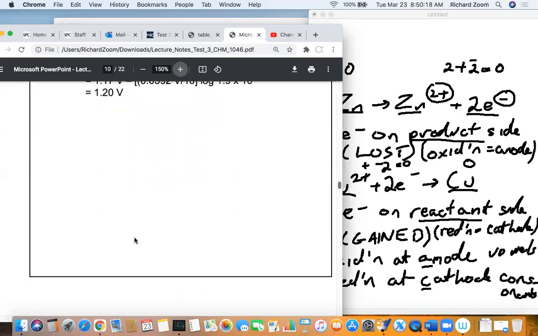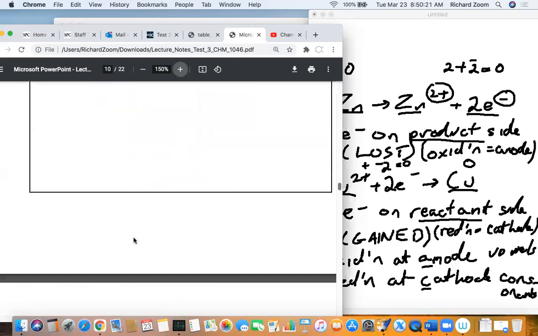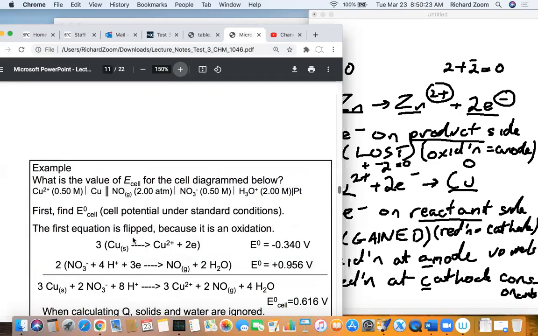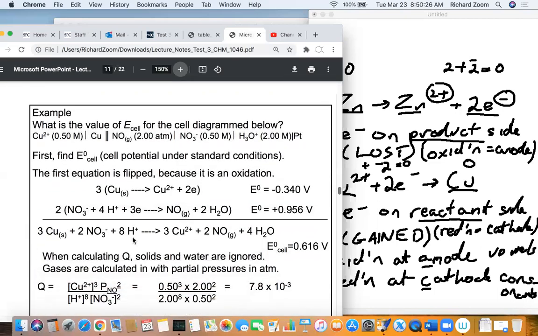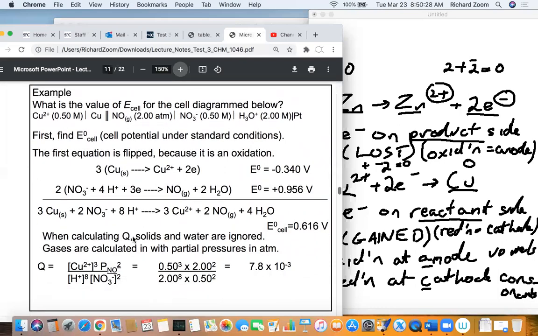Okay, before I show you actual real examples from the test, I'm going to show you just one other example here for an E cell. This involves a gas. You see the gas here. So NO here is a gas, and you'll notice that instead of molar, because it's a gas, it's using atmospheres. So this is the partial pressure of the NO. But what I wanted to show you was that if it's a gas and it involves a pressure, you treat it really no differently than you would a molarity or a concentration.